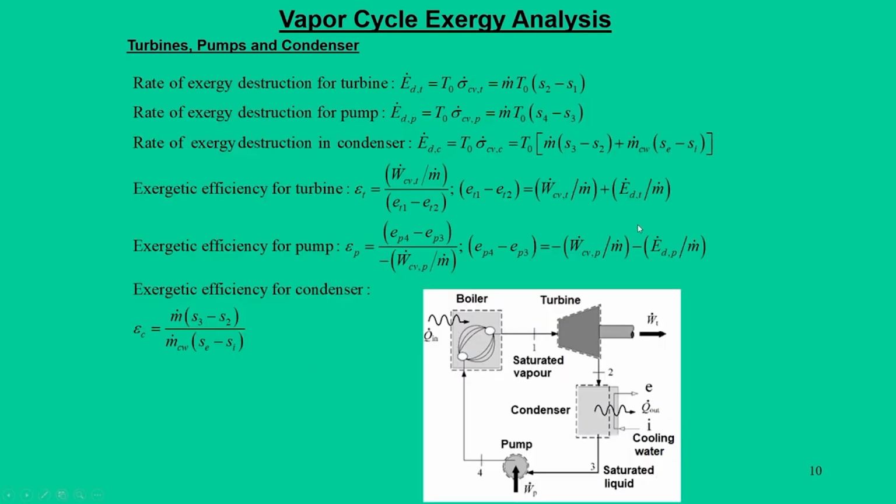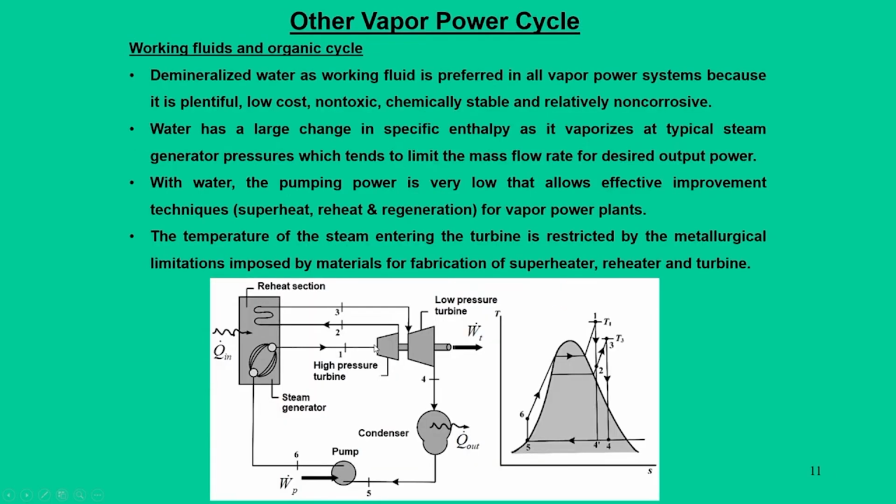In a similar way as we analyzed the boiler, we can find out the exergetic efficiency for the condenser. But for pumps and turbines, there are direct expressions which can be utilized for exergy destruction, based on the thermodynamic data at the state points. Okay. So, we will see how these formulas are used while solving the problems. Okay. So, this is all about the exergy analysis.